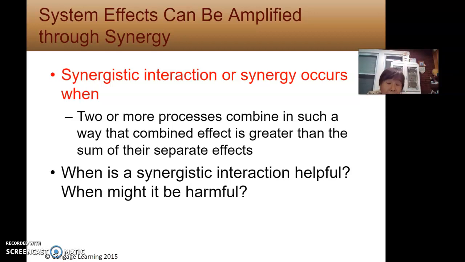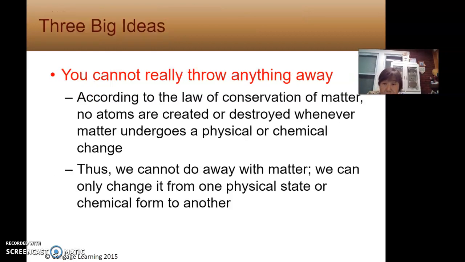So in nature, this happens a lot. However, synergistic interaction can be good too. When I work hard, you work hard, and the combined effect would be better than our individual results. It can be both. So this is a summary of chapter 2.